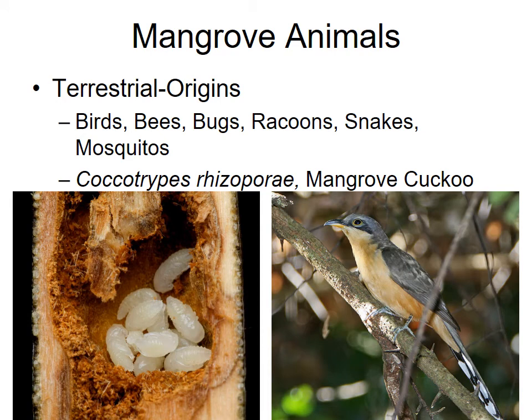Okay, so there's a lot of different kinds of animals that live in mangrove swamps, and we can divide them into animals whose closest relatives are terrestrial animals that live in regular forests, and you can divide them also into marine animals, so animals that normally live in the ocean environment.